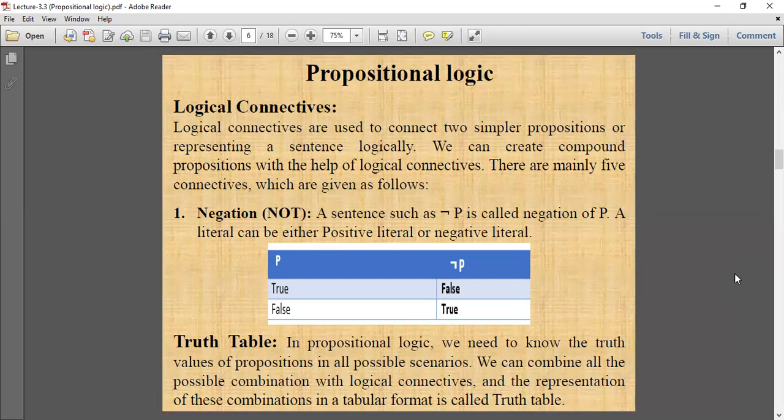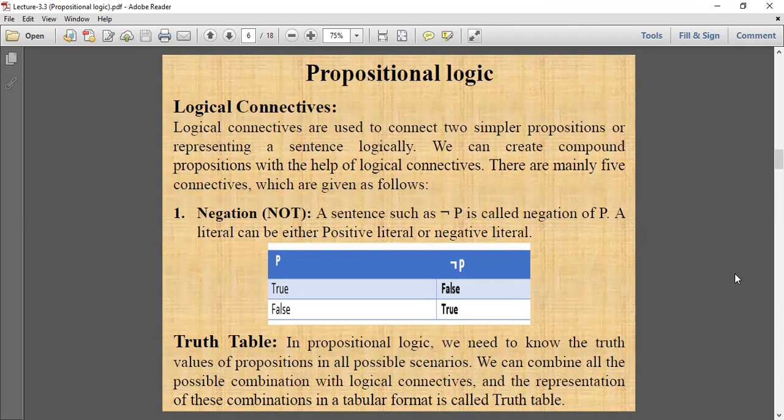First is negation. You can represent it in the form of not, capital letters NOT. A sentence such as negation P is called negation of P. A literal can be either positive literal or negative literal. So if P is true, negation P is false. If P is false, negation P is true.